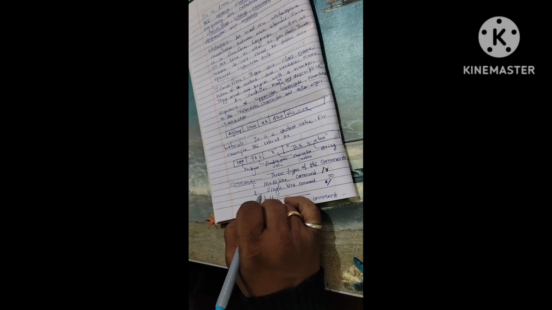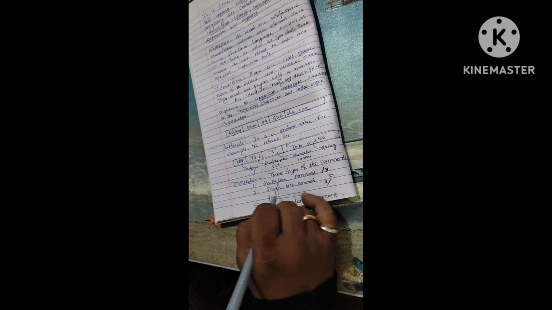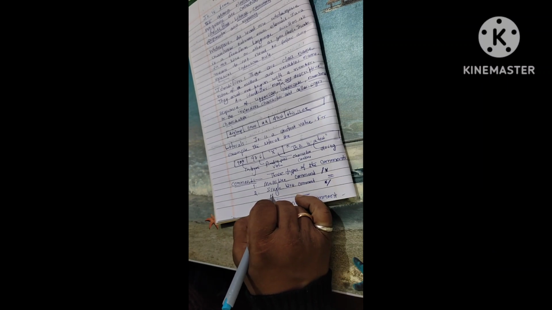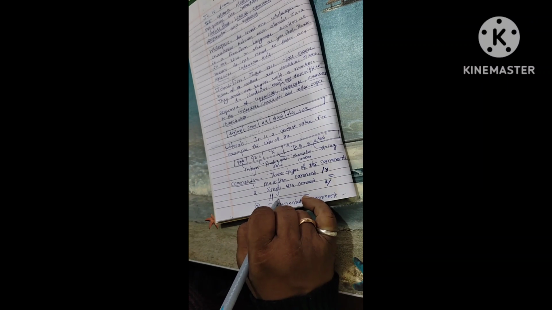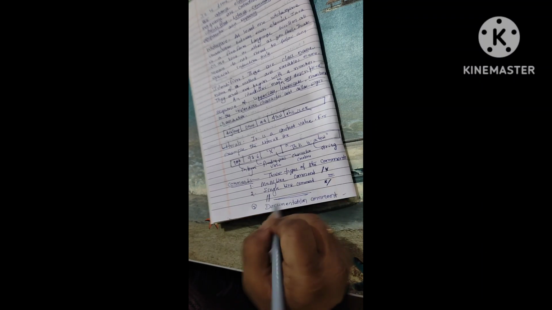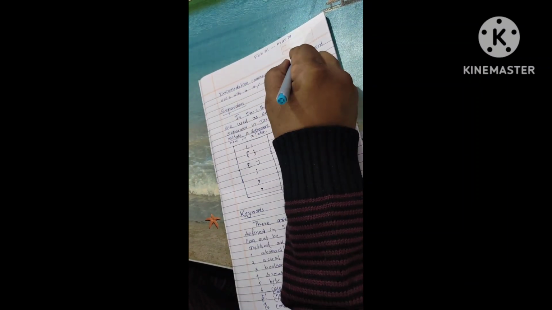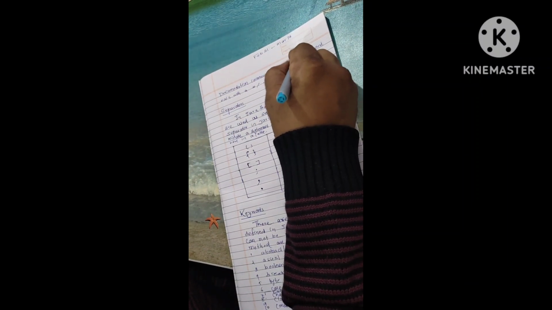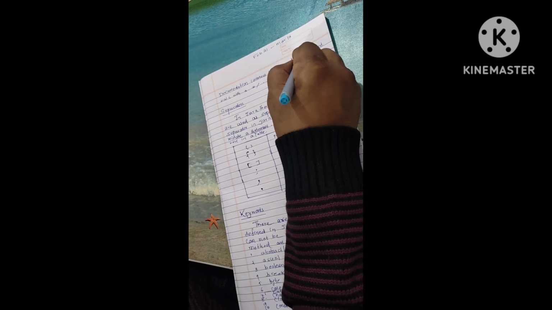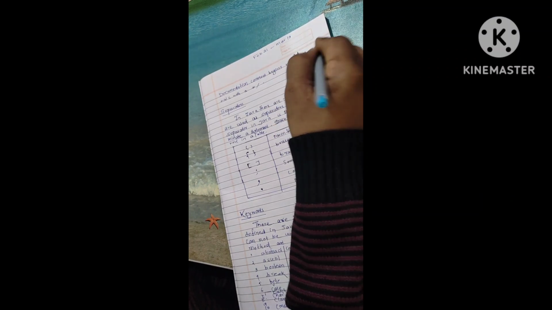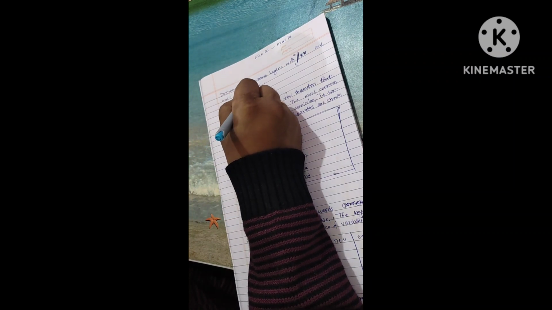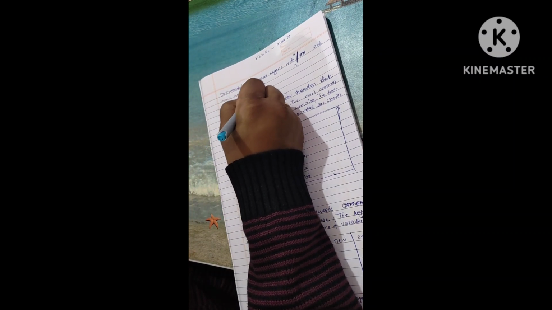The second type of comment is called single line comment, begins with 2 forward slashes and the comment line goes here. Third is called documentation comment. Documentation comment begins with a single slash followed by 2 stars and ends with a star, this.